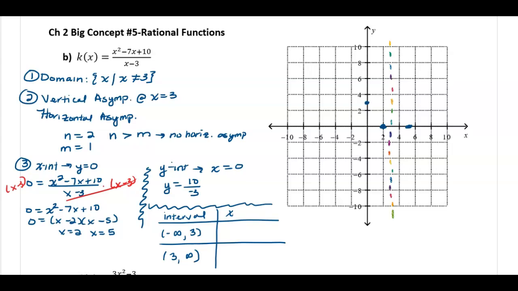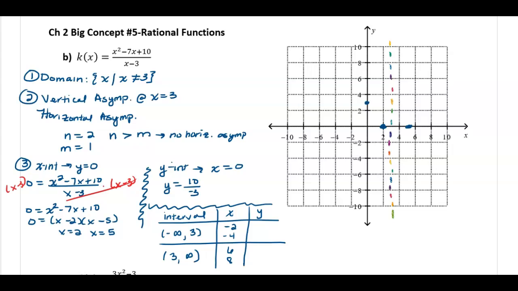Then we have our x's and we have our y's. Let's go ahead and do 2 x's, 2 y's. So negative 2 is a pretty good one. And let's do negative 4. That way it gets a little bit more on that left-hand side. All right. And then 3 to positive infinity, 6 and 8.